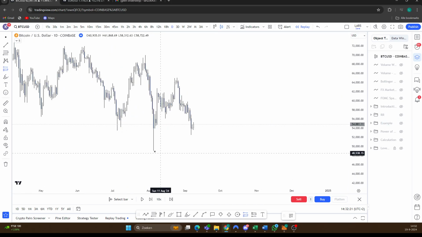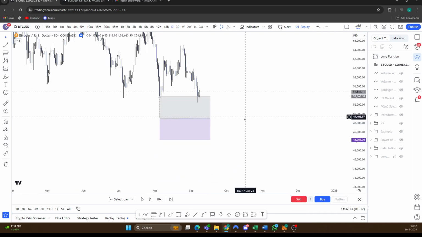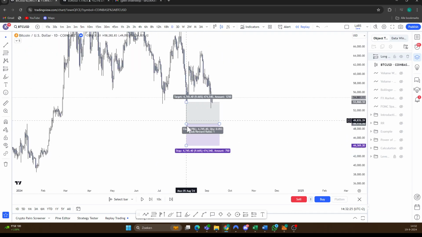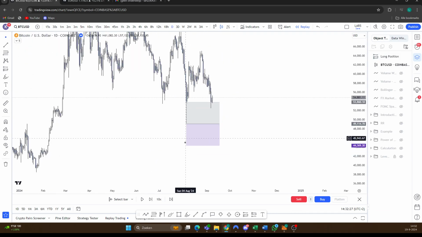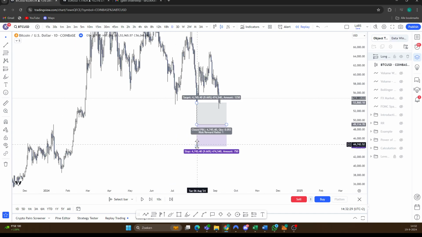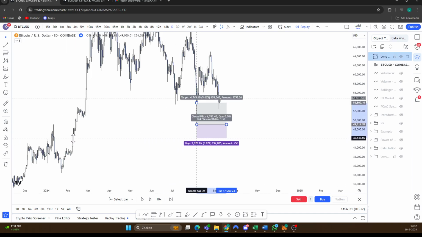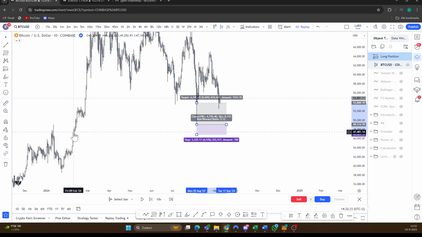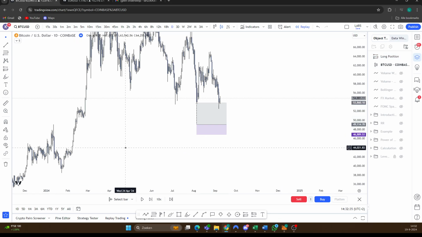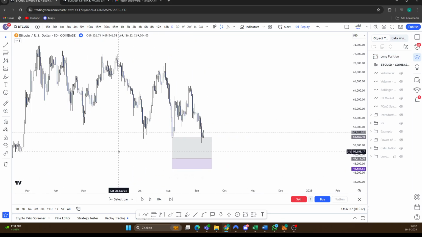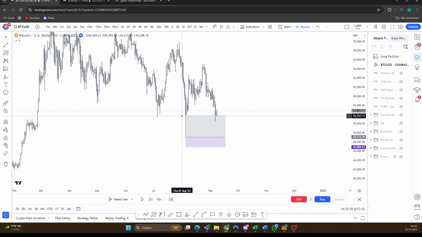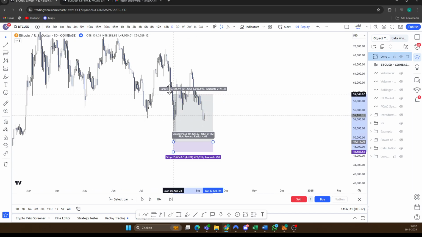Let's say trader A catches the exact bottom on Bitcoin. However, his invalidation was right below this candle's low. Talking about this candle right there, that was his invalidation. He could have caught the exact bottom, and then let's say he took it up all the way towards that high.